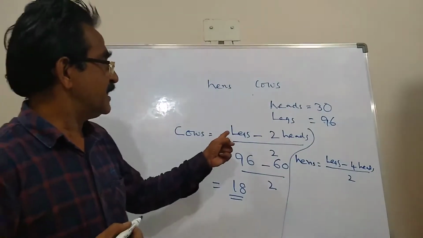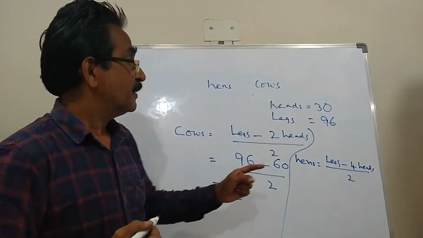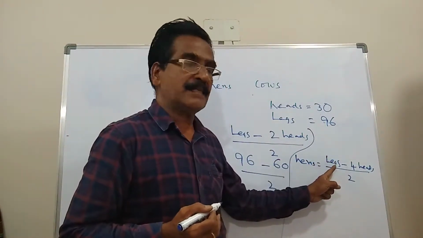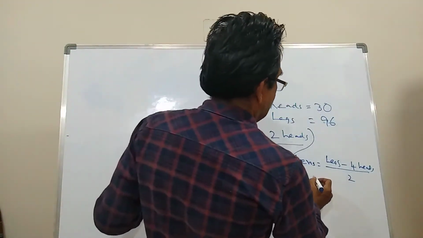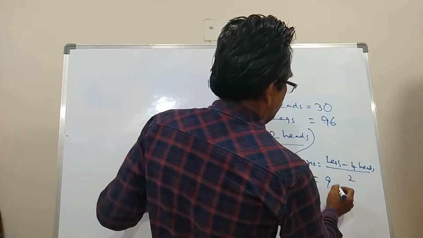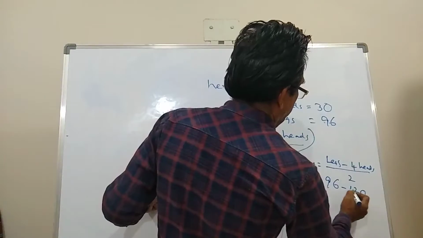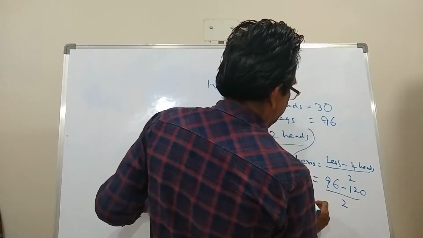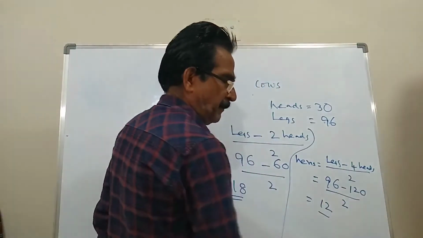Cows is equal to legs minus twice the number of heads, and hens is equal to legs minus 4 times the heads by 2. Legs 96 minus 4 times heads 30, 4 thirties is 120. This difference is equal to minus 24. 24 by 2, 12. Of course, you get a minus.